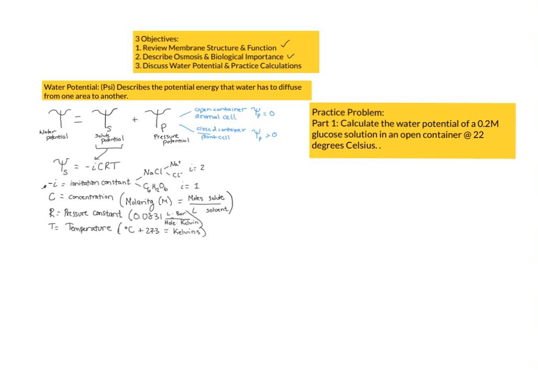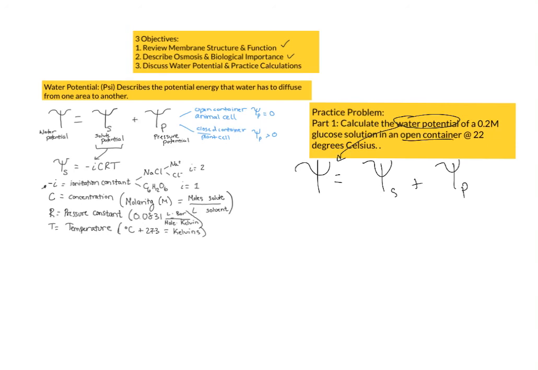So the first thing is, let's write down our equation here of psi is equal to psi s plus psi p. Solute potential plus pressure potential gives us water potential, and that's what we're solving for, which is psi. Okay, now first thing that we can see from the description is that this is an open container.